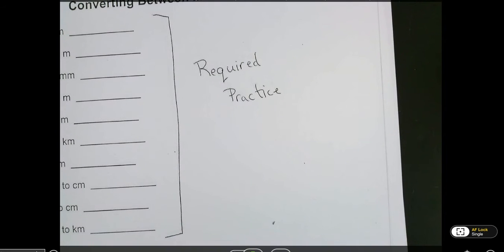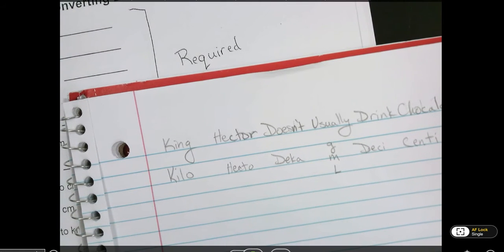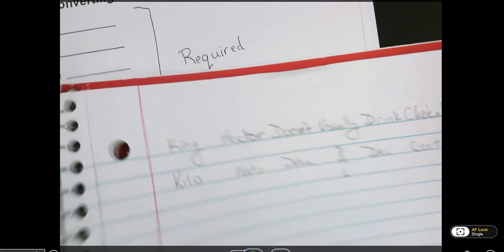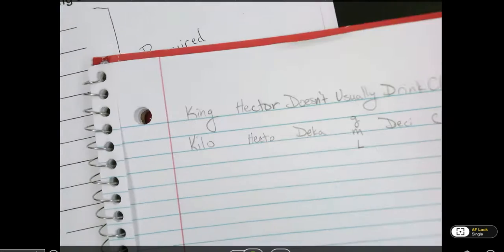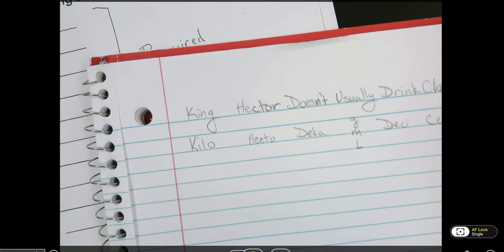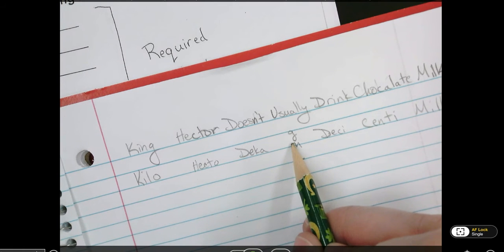Now, when you're looking at the King Hector version, you're going to start with where am I starting and where am I going? Well, I'm starting at meter, which is in our base unit, and I'm going to centi. So I'm starting here, and I'm going to centi.